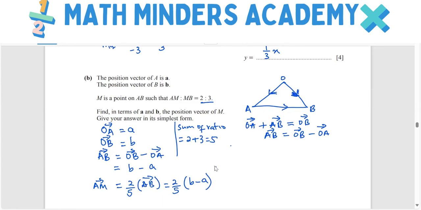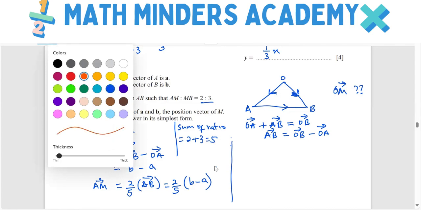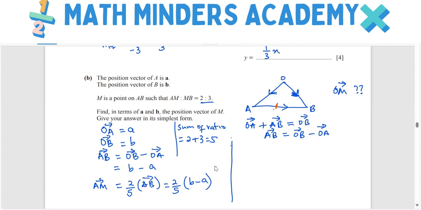Okay, so remember what we are looking for is the position vector of M. That means we are looking for OM. Take note, this is the position vector of M. This is not known. That's what we are looking for, okay? So now we have AM. Now, if you look at OM, let's say if M is here, and I want to come this way.